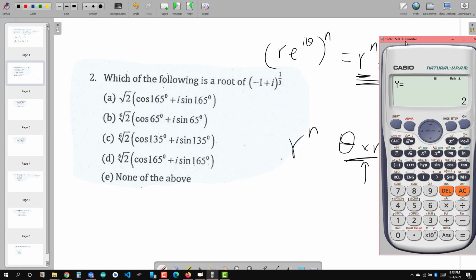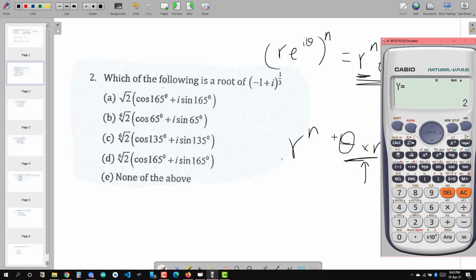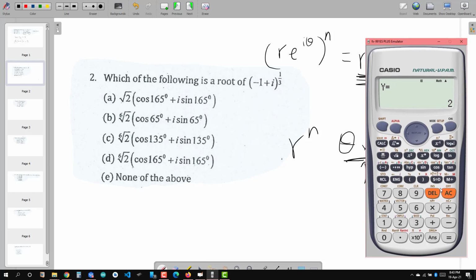So let's first find the argument and then find the magnitude. We go to complex mode, mode 2 for complex, and then enter negative 1 plus i. We convert this to polar form.